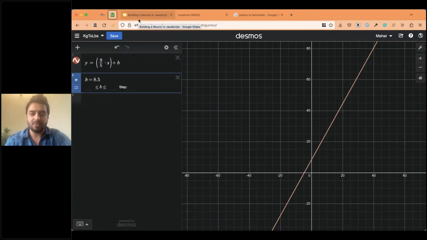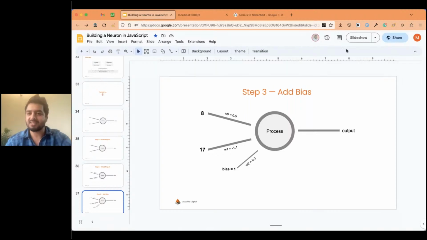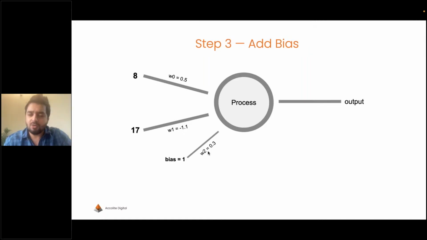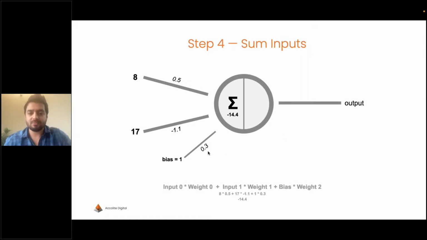In the example where we were looking at kgs and pounds, I didn't want to include that bias because it's pretty intuitive. So you have a bias and you multiply it with some parameter again. Now we want to sum the inputs. If you ignore the other parts, input multiplied by weight is very similar to what we had for y is equal to mx.